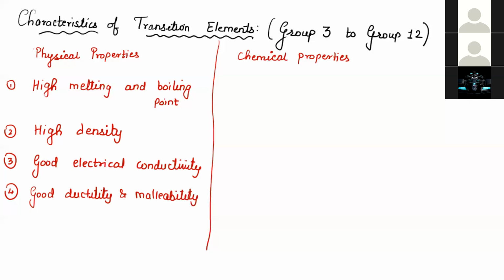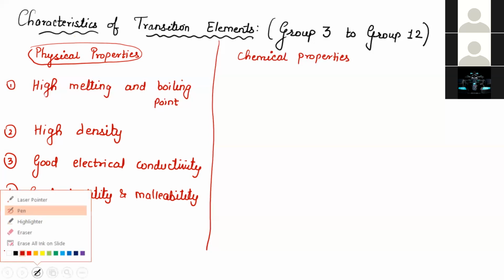These are some physical properties of transition elements, because in papers, especially structured papers, they do ask you to mention physical properties. Yes Nafisa, that is for chemical properties: oxidation states are chemical properties.